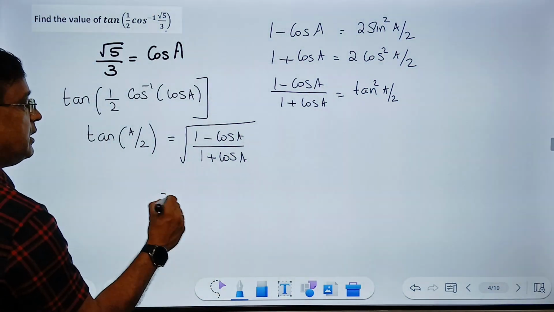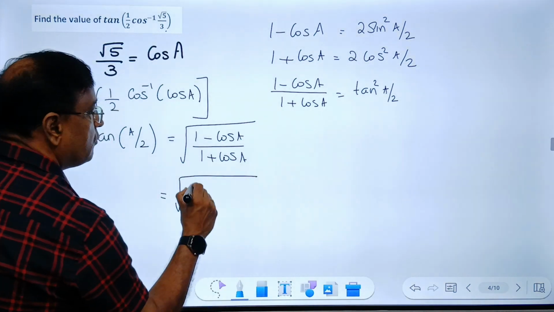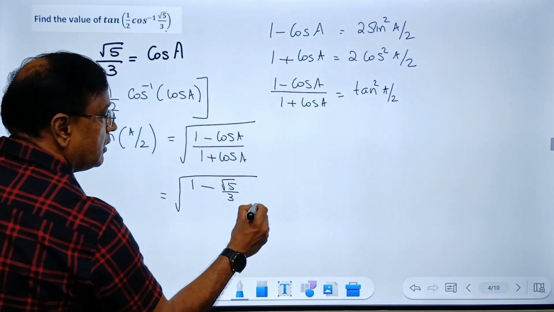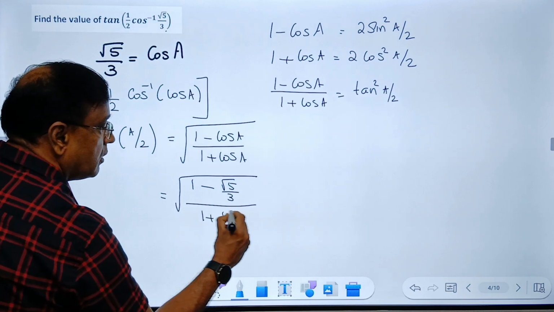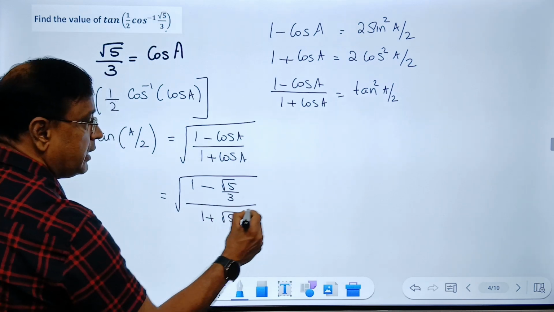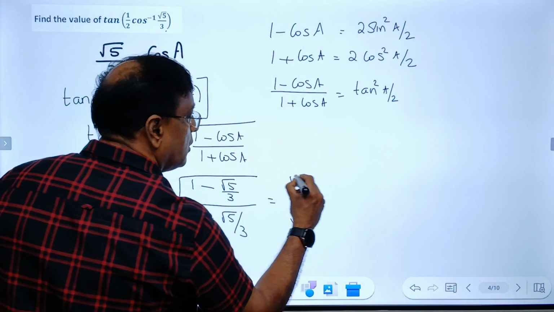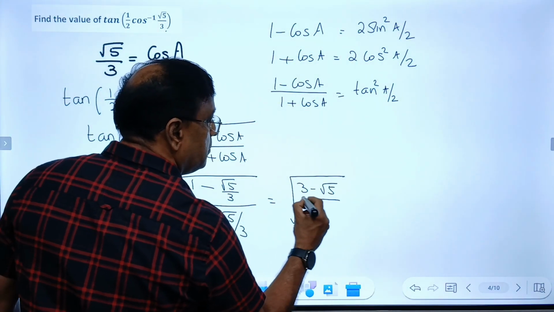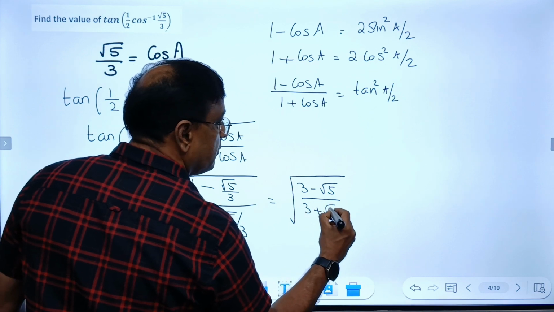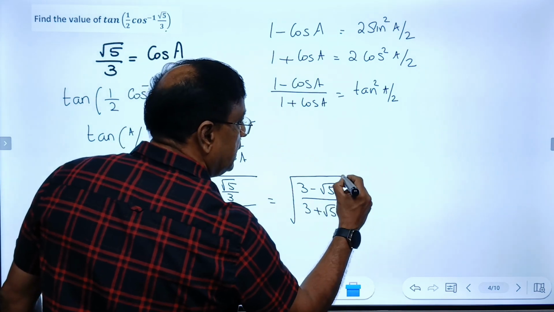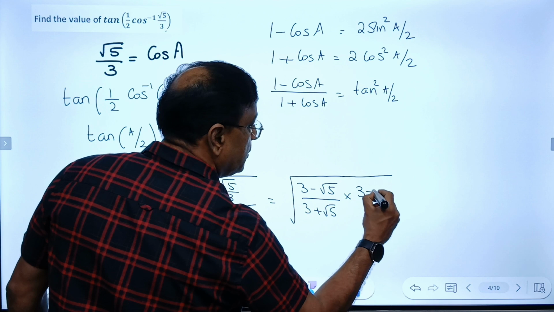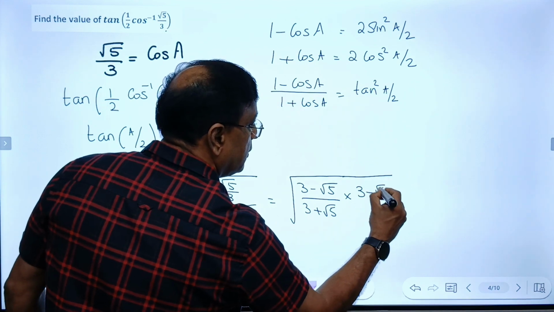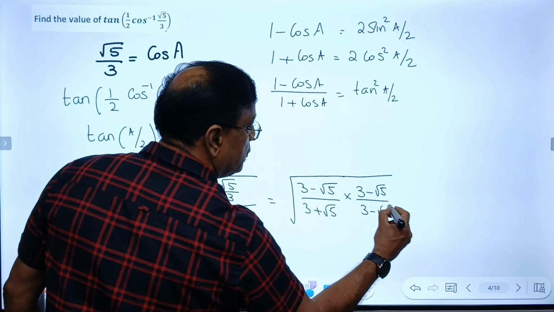Now what is cos A? Already you have cos A. Root 5 by 3. Now take LCM, what do you get? Square root of 3 minus root 5 by 3 plus root 5. Now you multiply and divide by the conjugate of the denominator, 3 minus root 5 by 3 minus root 5.